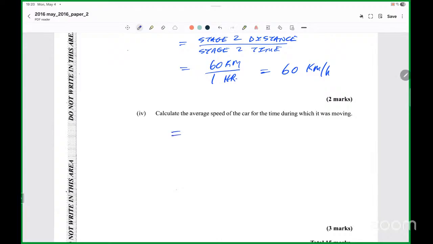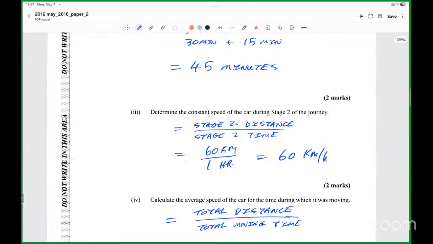That equals the total distance over the total moving time. The total moving time is the total time minus the 45 minutes we stopped for. And 45 minutes is 3/4 of an hour, so we can give it in hours.